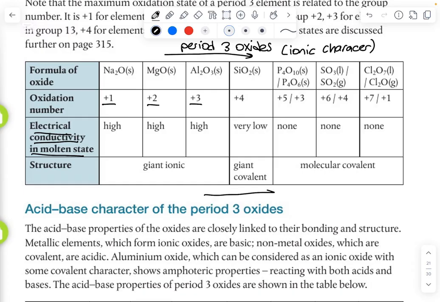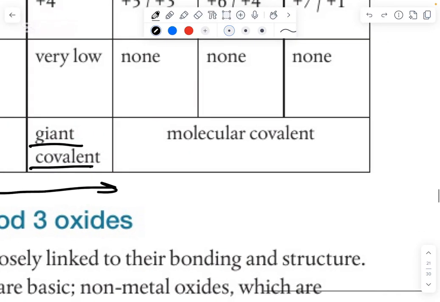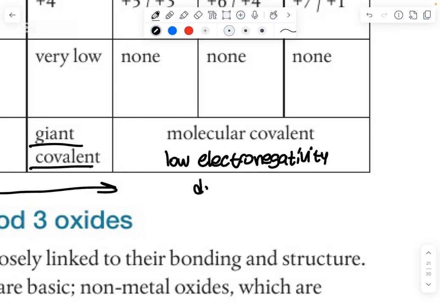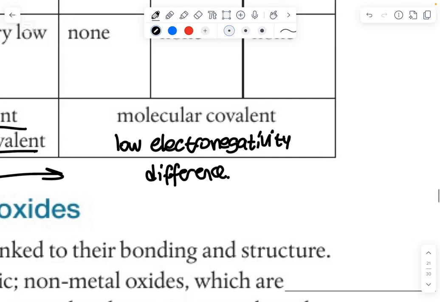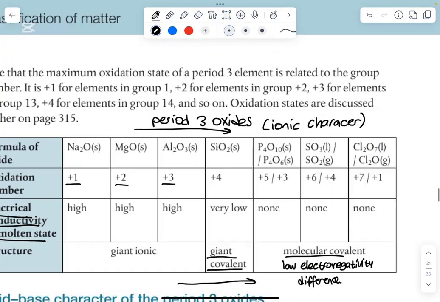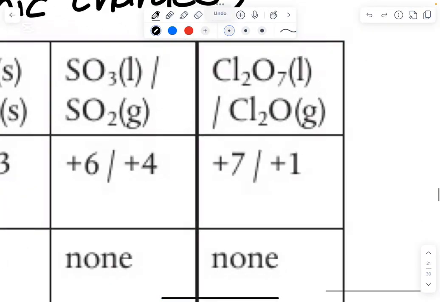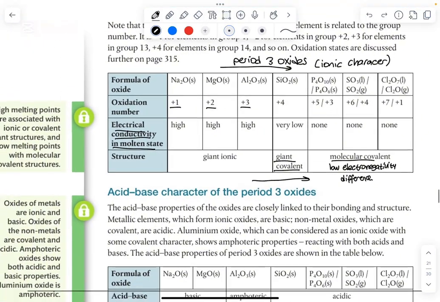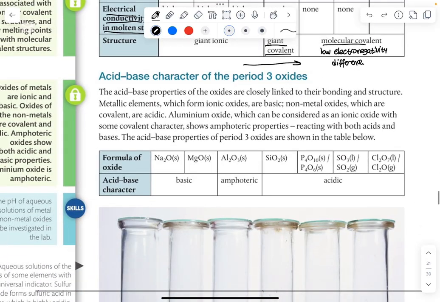And when you move to the right, it's going to go from giant covalent to molecular covalent, which means a low electronegativity difference, because both of the electronegativities of the elements over here are pretty high, so the difference is going to be low.